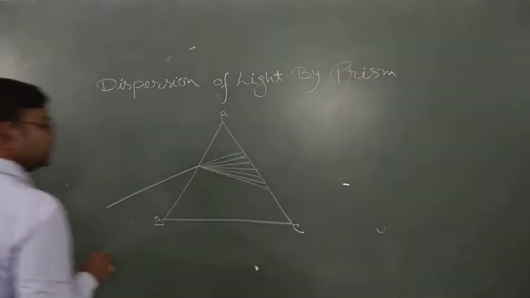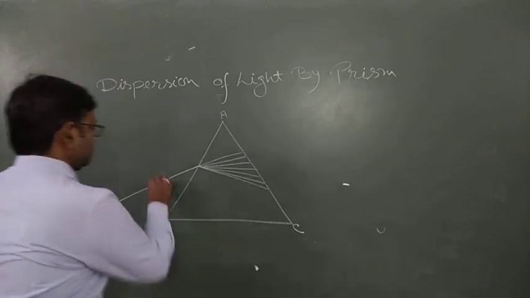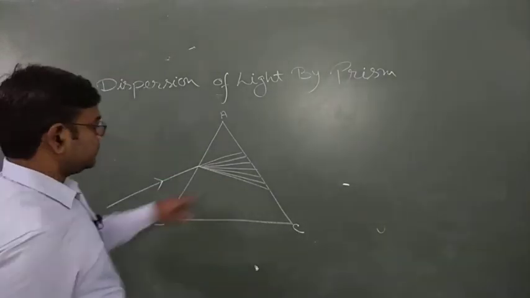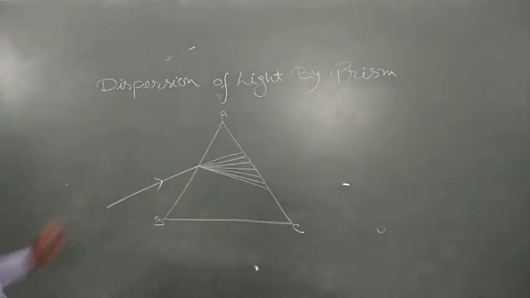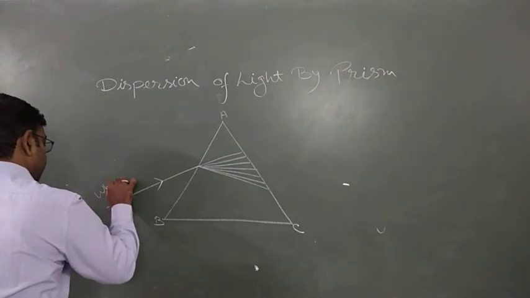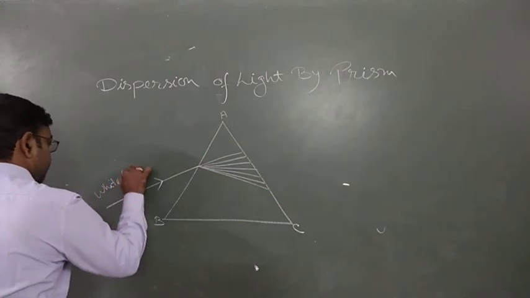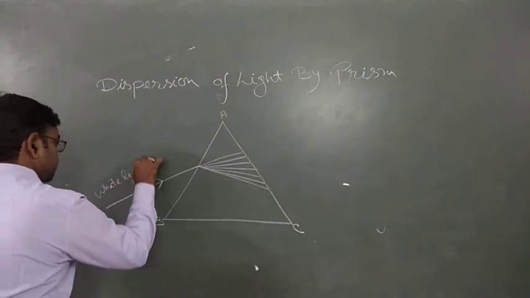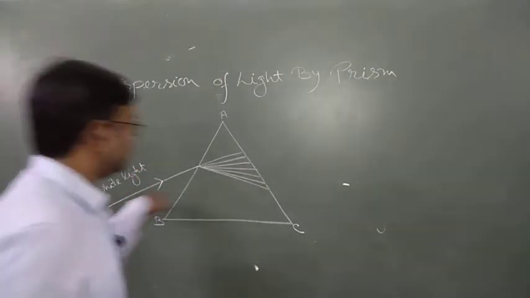Clear. Inside the prism, this thing happens in the case of white light. Always remember, this is your white light, incident rays from white light, and this is from a single ray.